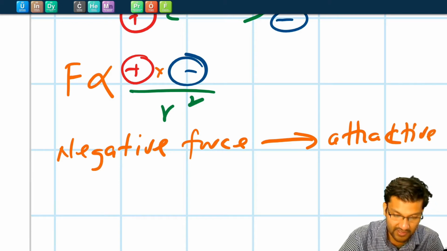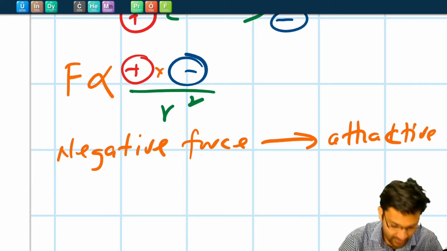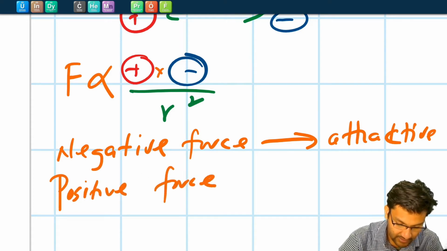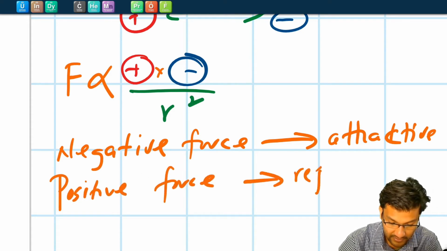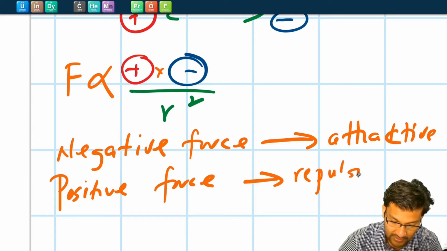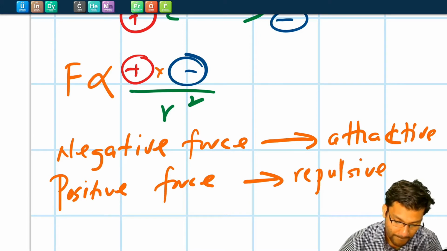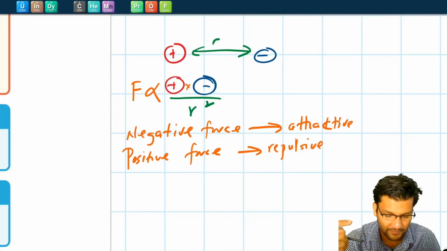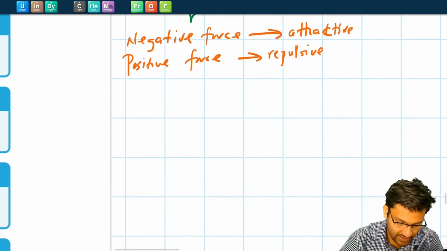So if there's a negative force between two things, they'll be pulled together. A positive force just means that it's repulsive. The two things will push each other away.